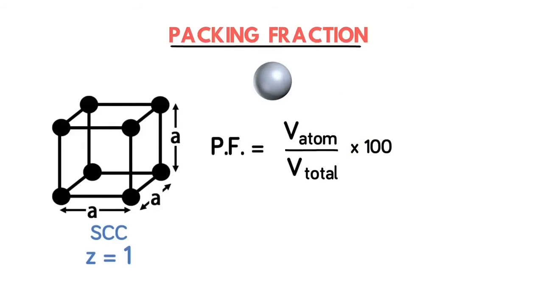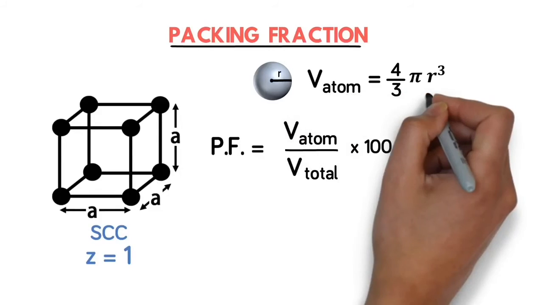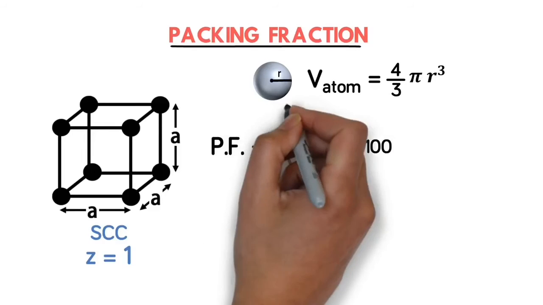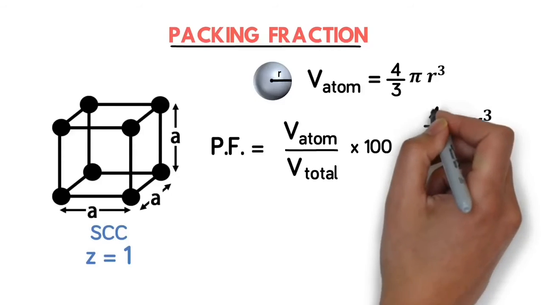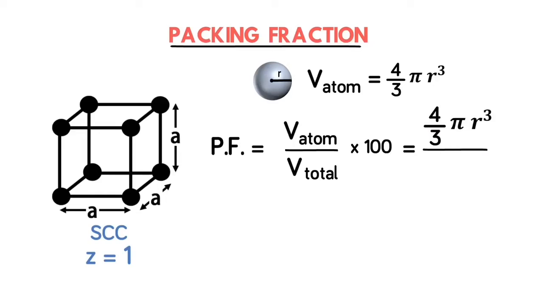There are 8 atoms, and if I consider the atom as a spherical thing, then we can conclude that the volume of the atom should be 4/3 pi r cube, where r is the radius of that atom, because we are assuming that the atom is spherical.